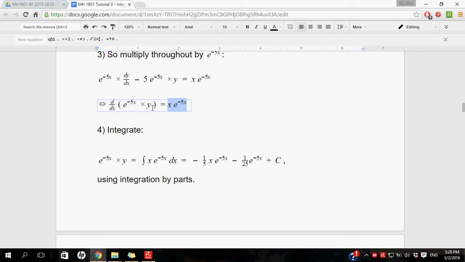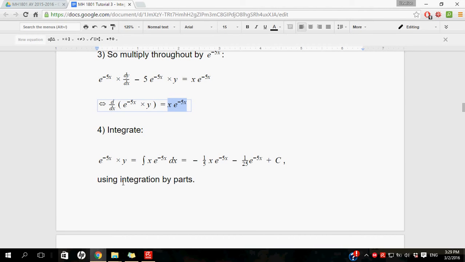When we integrate the left, using the fundamental theorem of calculus, we get e to the minus 5x times y. What about the right hand side? For the right hand side, we need to make use of integration by parts to solve it.